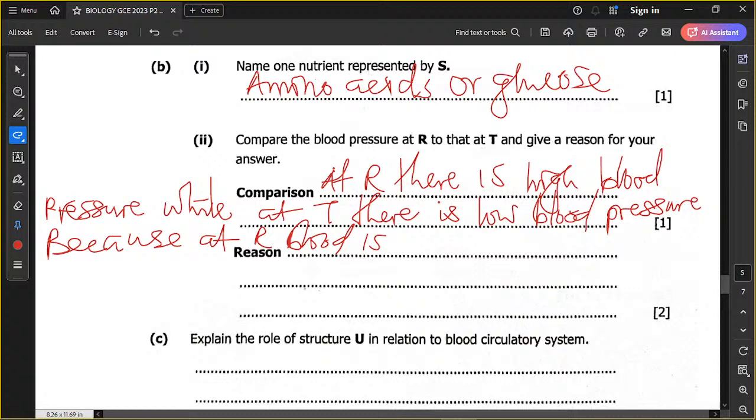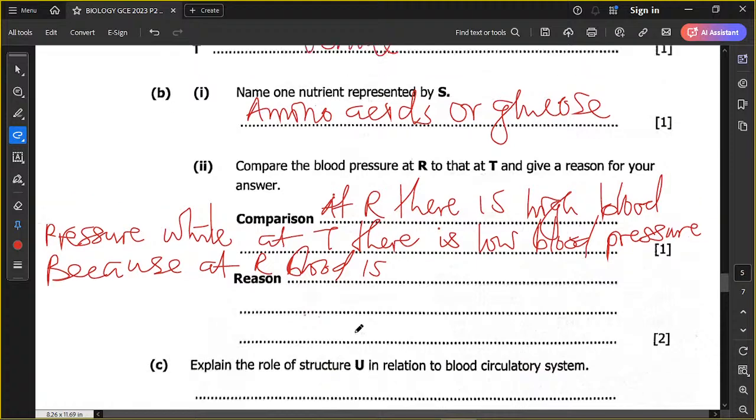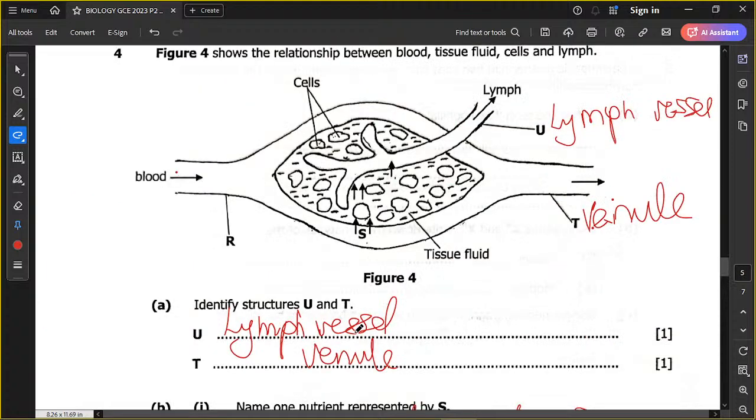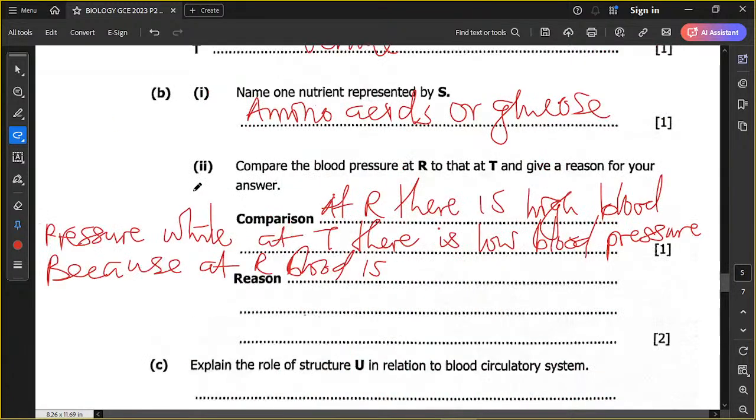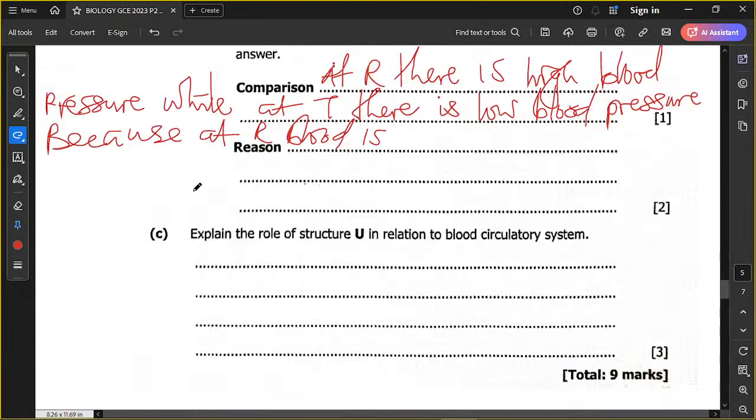Let's look at the diagram before we write this reason. So we can see at R, the blood is coming from the heart going to the other parts of the body. The part that is closer to the heart will have high blood pressure.